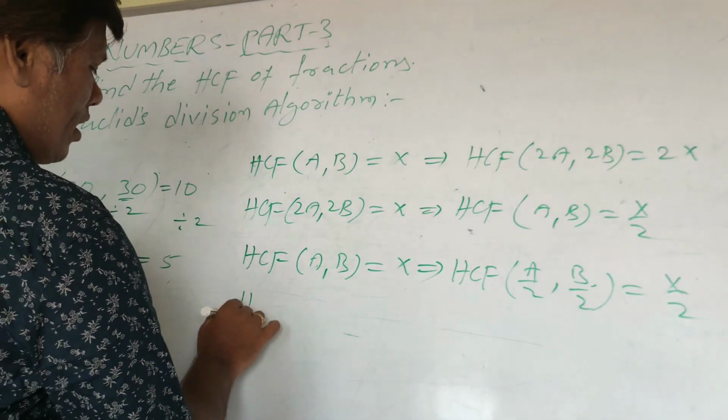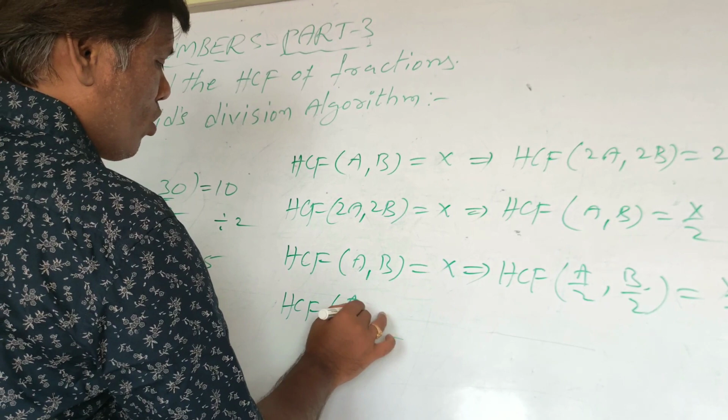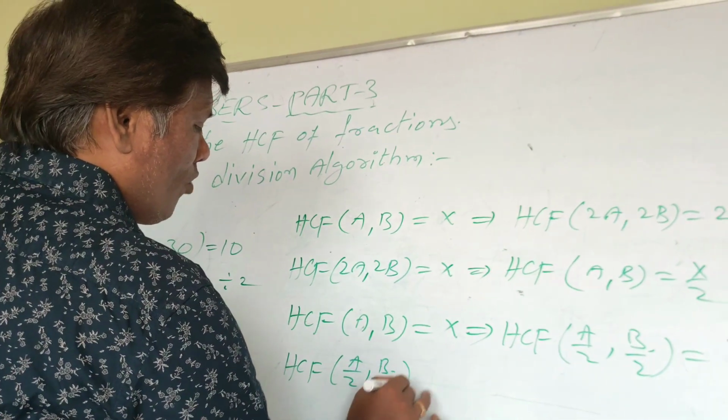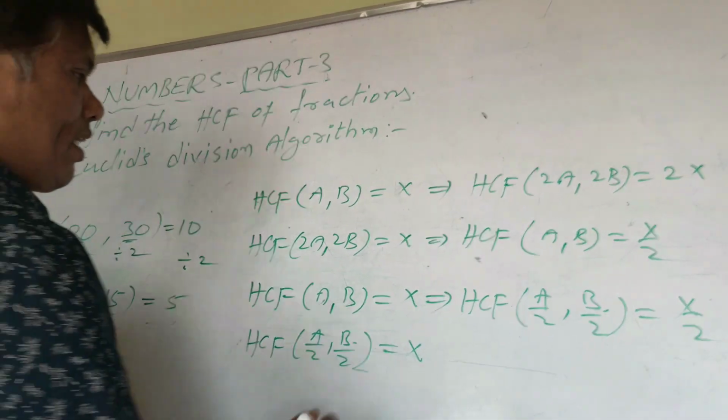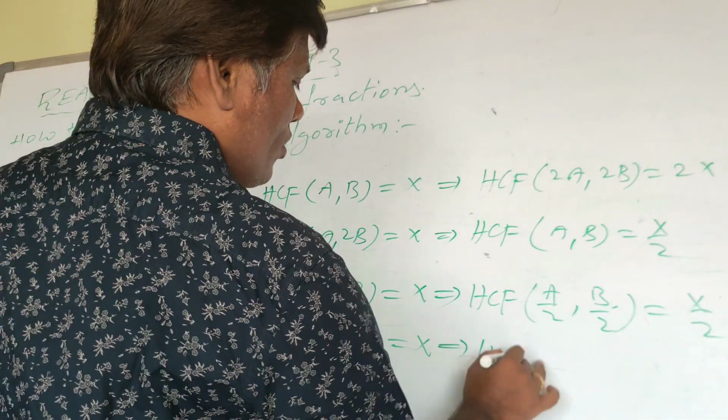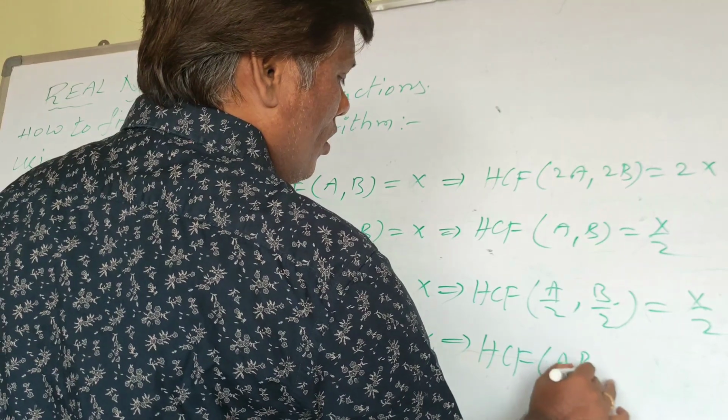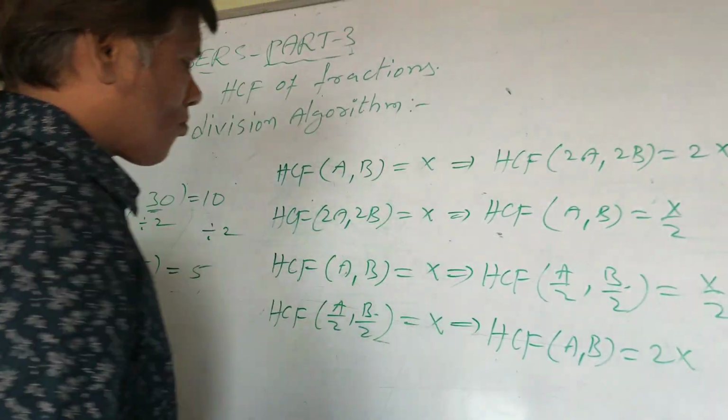Or we can write: if HCF of A by 2 comma B by 2 is equal to X, then HCF of A comma B is equal to 2X.